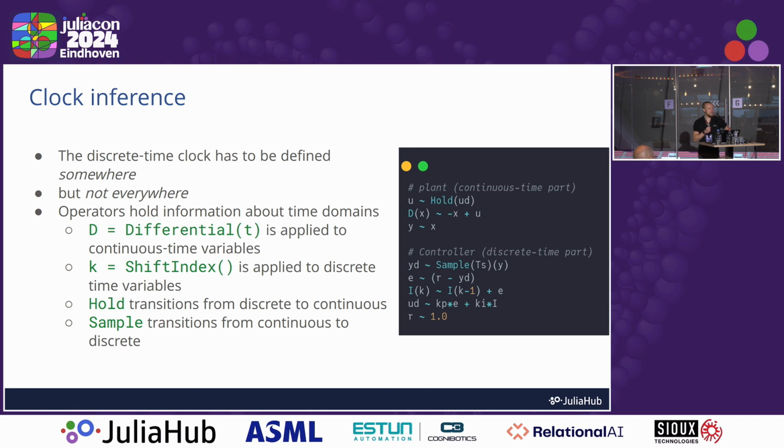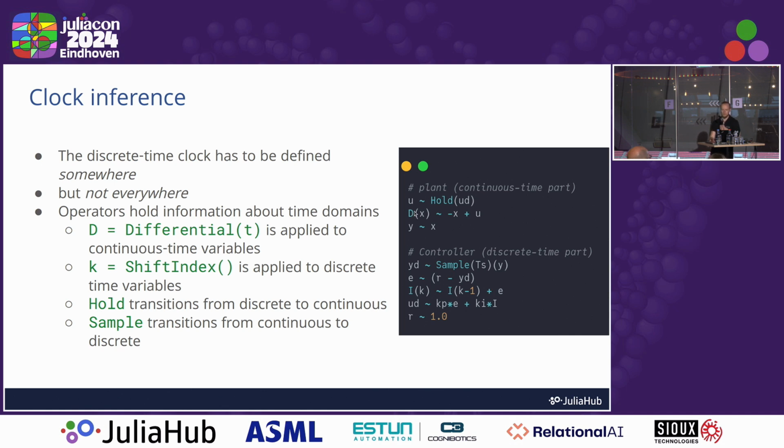So the next step a modeling toolkit does when you have provided it with a model is that it performs clock inference. So I already alluded to what that means. It's essentially a modeling toolkit looking at all your equations and saying, UD appears inside of a hold. That must be a discrete time variable. And that must result in a continuous time variable. And the differential operator here, D, it also holds similar kind of information.